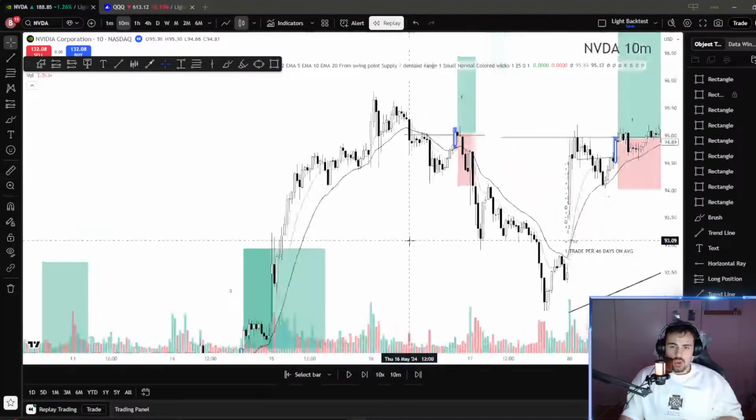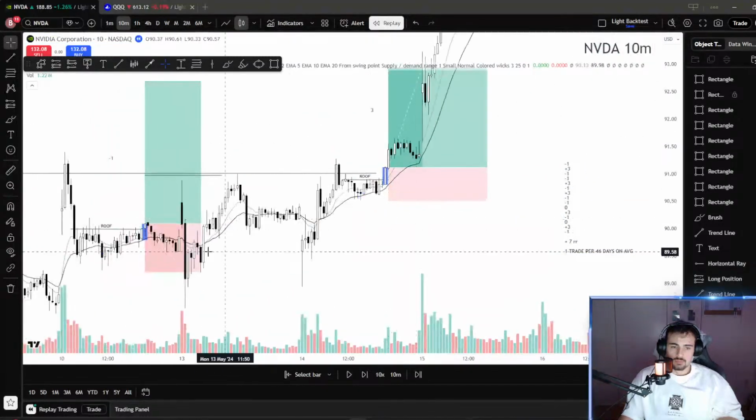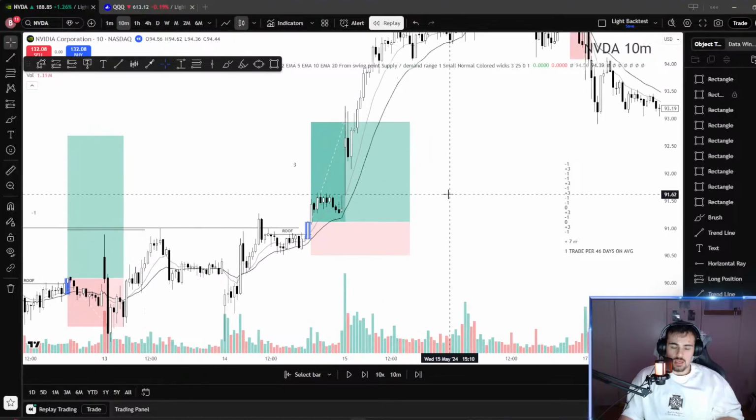You can almost describe it as like a strong move away from the MAs, like the first strong move that pushes away from the MAs and gets above them. That's kind of the pattern I'm seeing here.